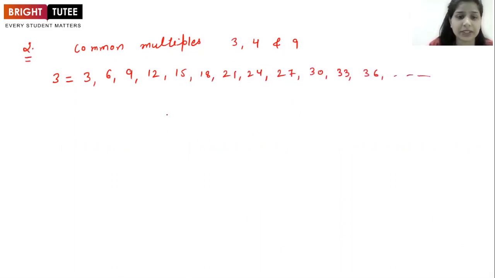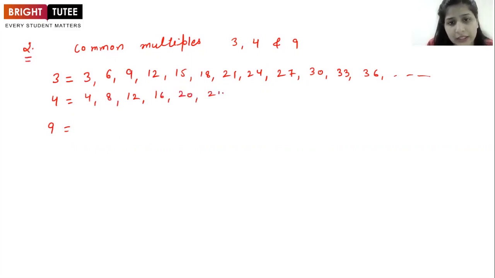There are infinite multiples. You can similarly write multiples of 4 and 9 as well. So multiples of 4 would be 4, 8, 12, 16, 20, 24, 28, 32, 36 and there will be many more.